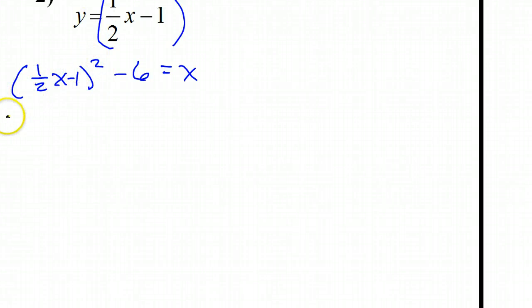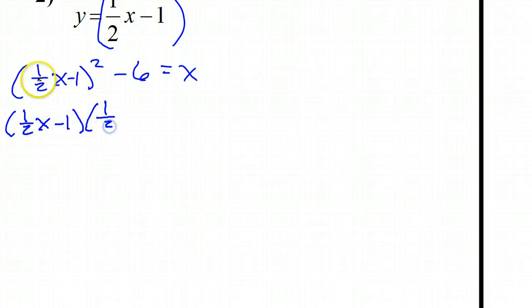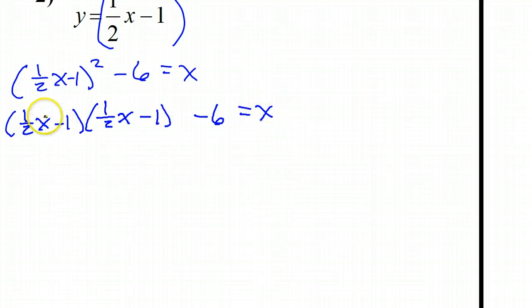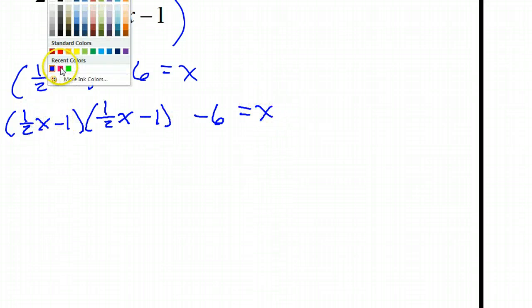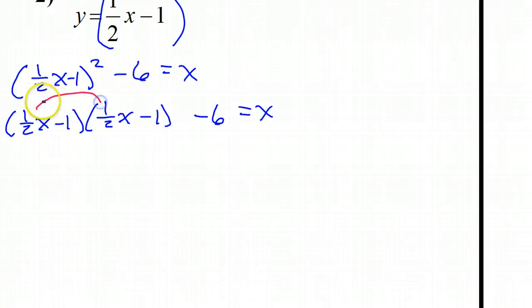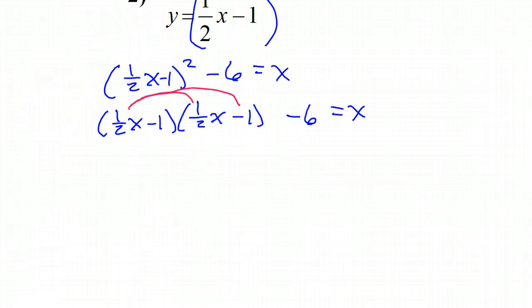Of course, when you're squaring a binomial, we have to look at it as multiplying it by itself. You can't just square these two things separately. This doesn't work out. So I'm going to have to do that double distributive property thing that we do. Alright, so 1/2 times 1/2 is 1/4.